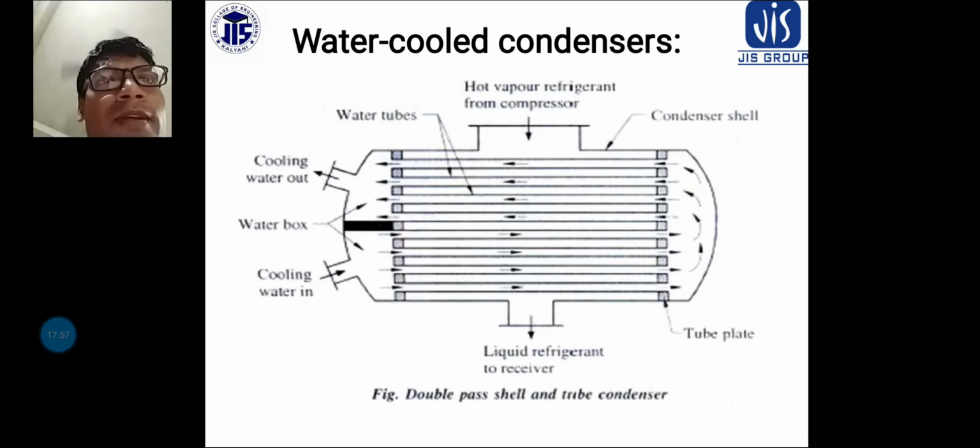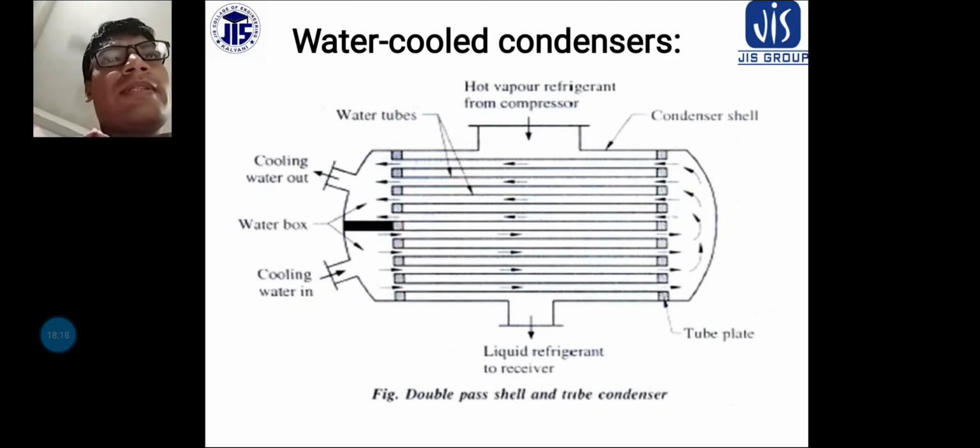The arrangement of the end plate baffling determines the number of passes the water makes through the condenser from one end to the other before leaving the condenser. The number of passes may vary from 2 to 20.